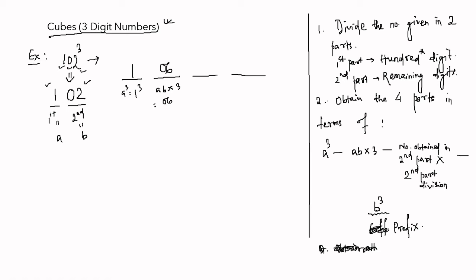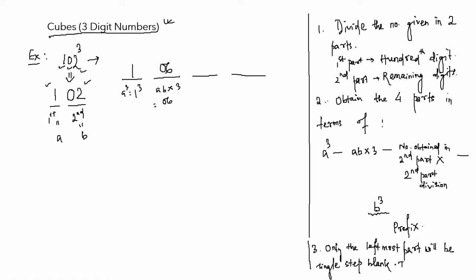Okay, as I was saying, we can write one step here. Only the leftmost part will be a single step blank, and the remaining parts will be a 2-step blank process.